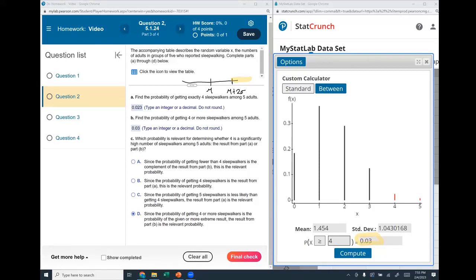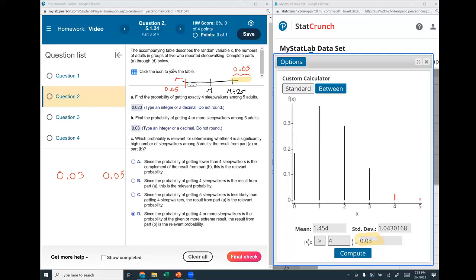Is 0.03 greater than 0.05? And remember, this piece here is 0.05 on this end, and the smaller one would be 0.05 on that end.